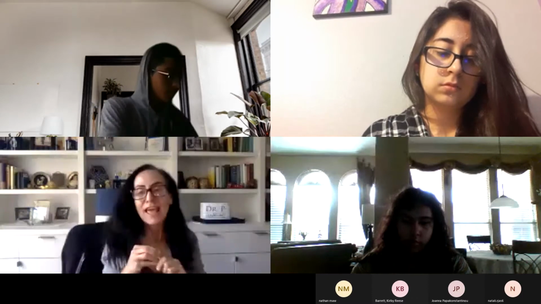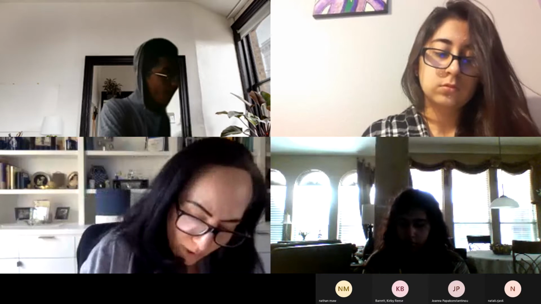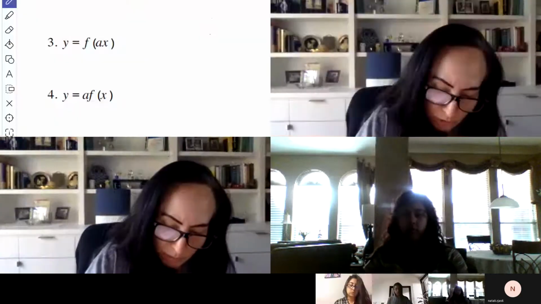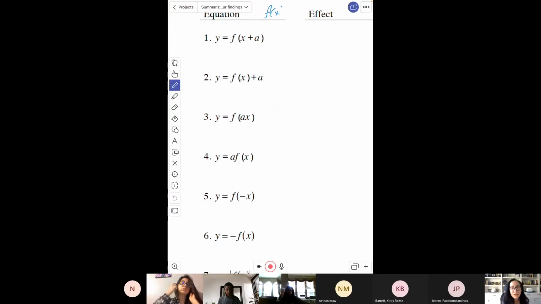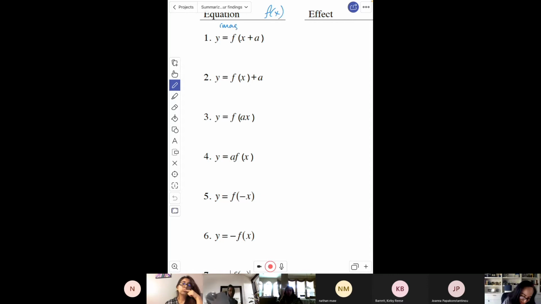If you are given a function, let's say f of x, we talked about how you should be able to recognize transformations that have been applied to the parent function to give you the image function. So here is a list from yesterday of image functions that have been applied to the parent.